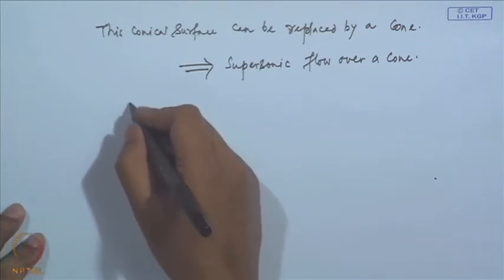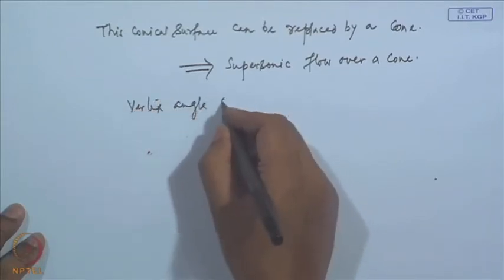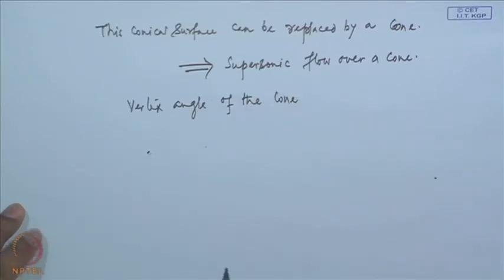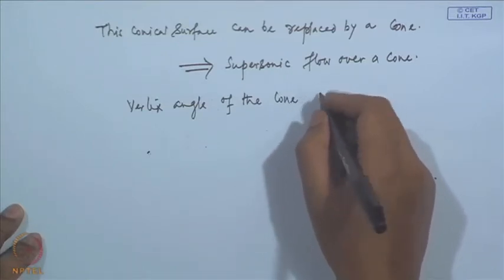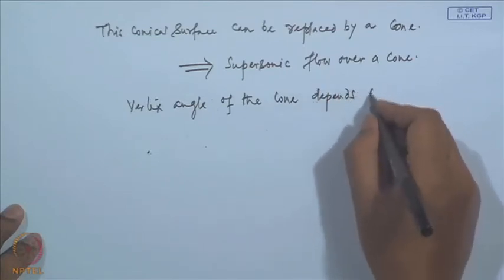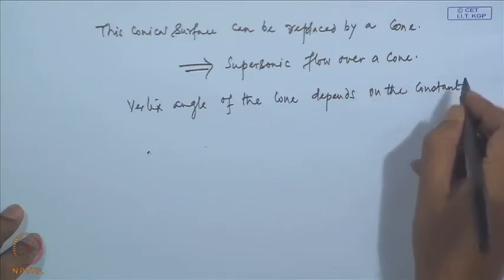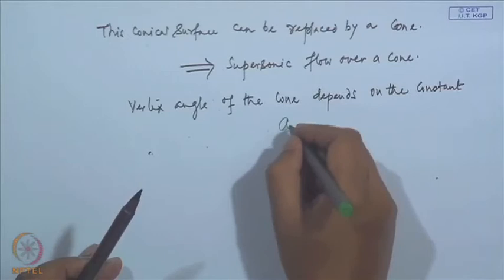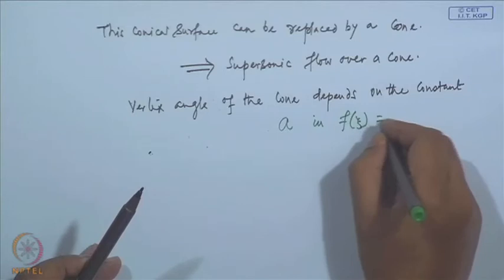That is, the vertex angle of the cone depends on the constant a in f of xi equal to a xi.